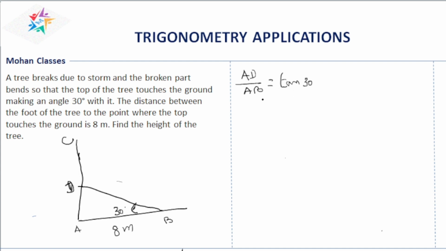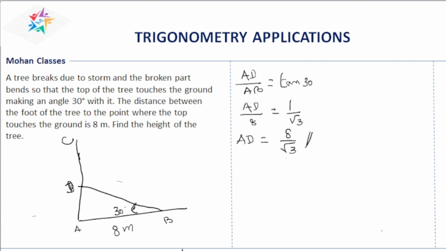So AD we don't know. What is AB? 8. What is tan 30? Tan 30 is equal to 1 by root 3. Therefore AD is equal to 8 by root 3. So part of the tree height we have found here.